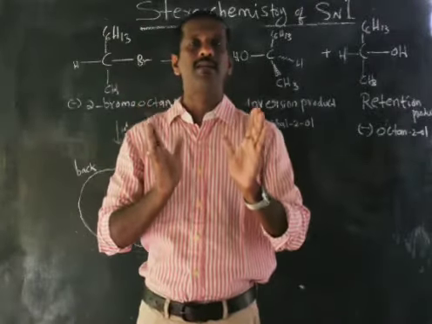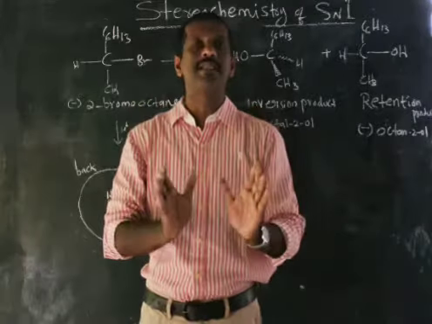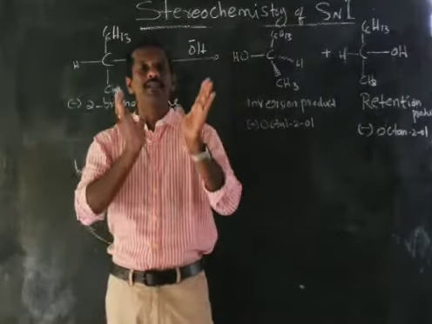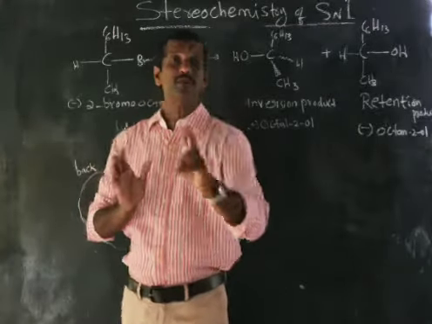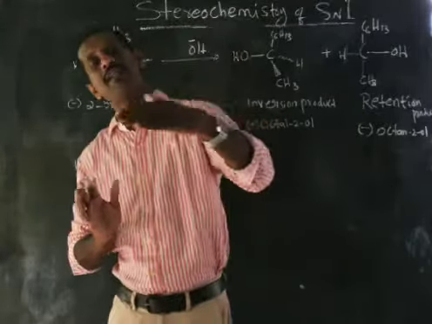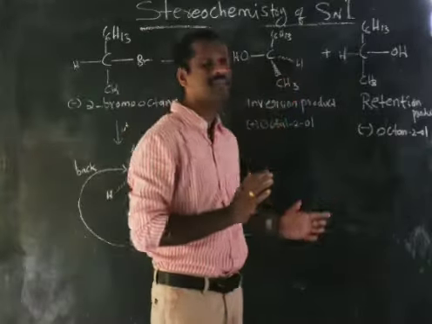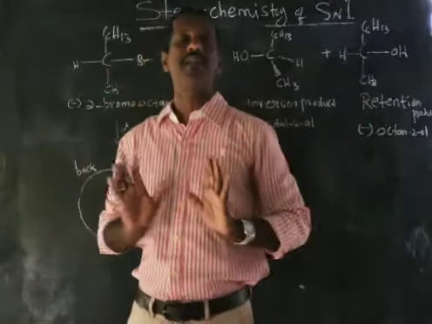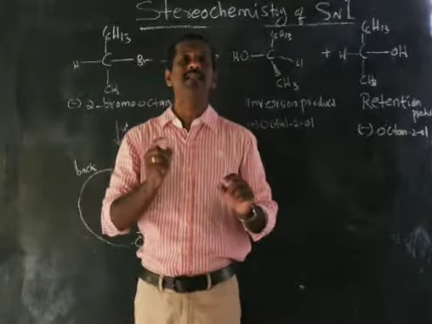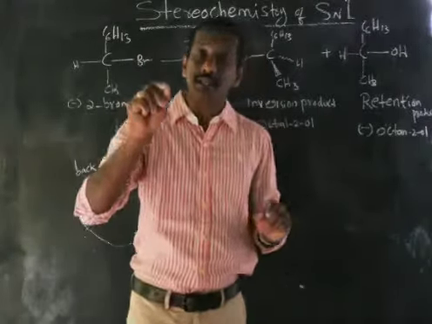And in the case of SN2 reaction, we always get the inversion product. That means SN2 reaction is associated with inversion of configuration, and SN1 reaction is associated with racemization.